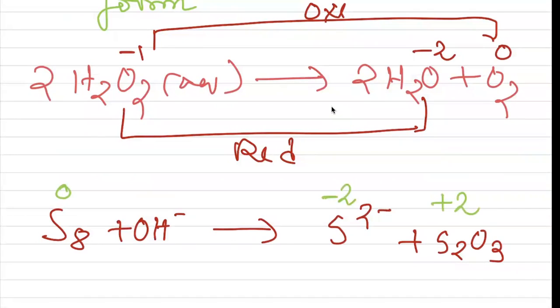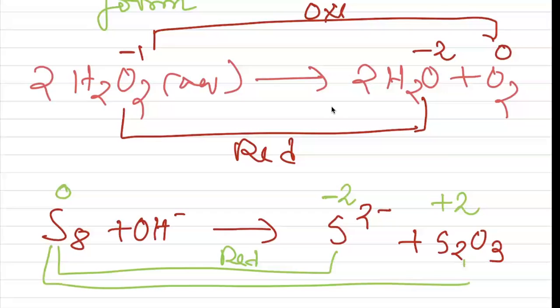So 0 to -2 is reduction, 0 to +2 is oxidation. That means sulfur in a reaction is present both in oxidized form and reduced form. So this type of reaction is known as a disproportionation reaction. Clear?